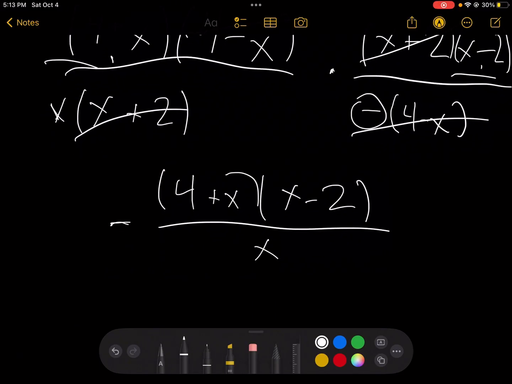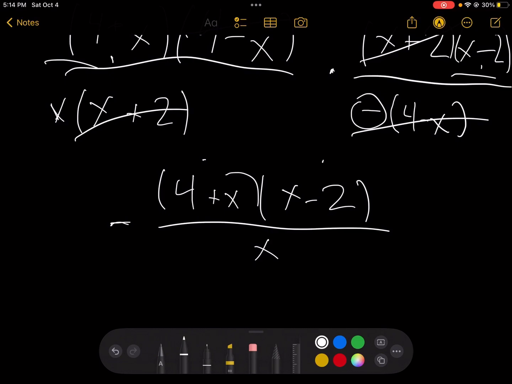Okay, now we multiply these two. Let's do the FOIL method. This is very common in math when you reach grade 7 or grade 8, or any time when you're gonna multiply binomials.